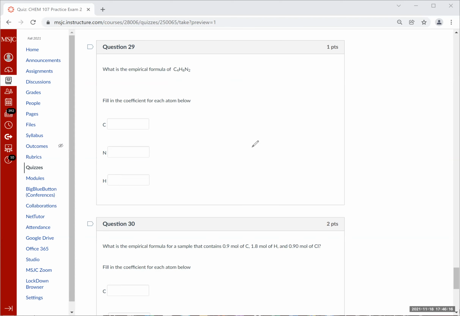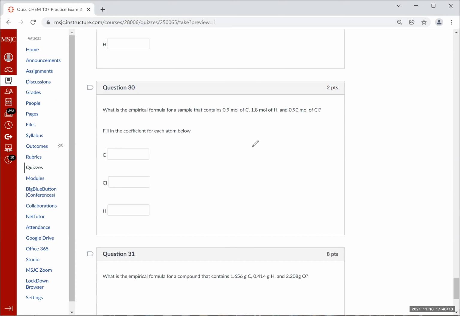Okay, so let's look at another problem. This time we're asked to calculate the empirical formula from the moles. So if we have 0.9 moles of carbon, 1.8 moles of hydrogen, and 0.90 moles of chlorine, to calculate the empirical formula, we're going to divide by the smallest number of moles. So in this case, we're going to divide by the moles of carbon.